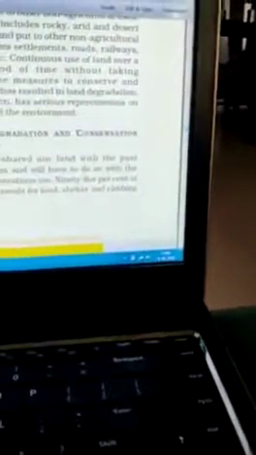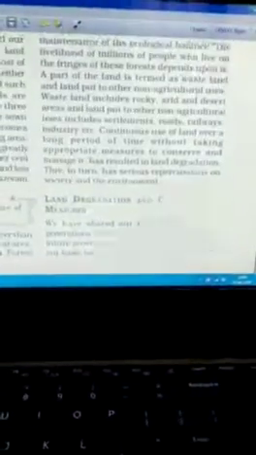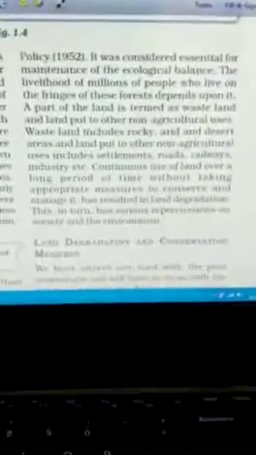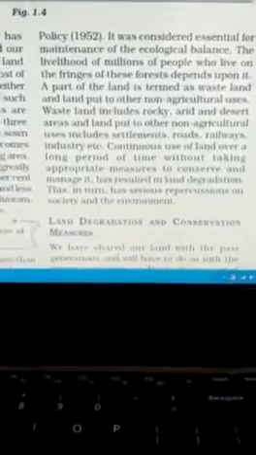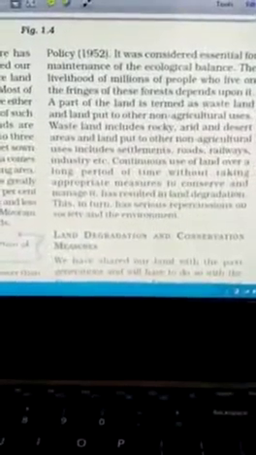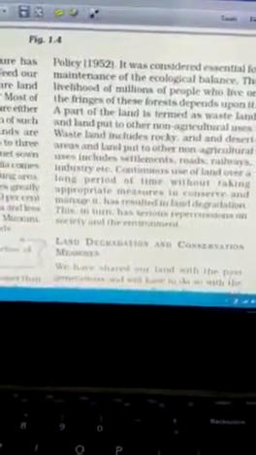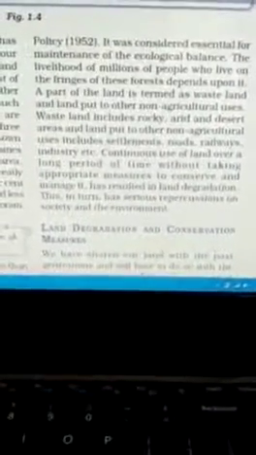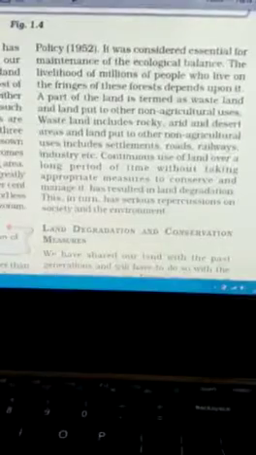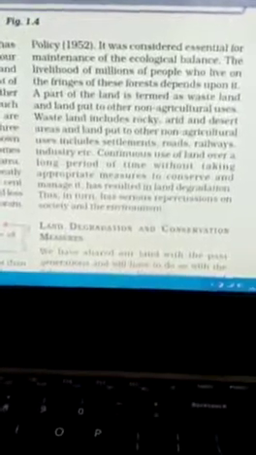Now, what is the effect if the percentage of forest area is low? It was considered essential for maintenance of the ecological balance. Forests are required for the ecological balance, meaning balance between living creatures, because we survive around nature only. The livelihood of millions of people who live on the fringes of these forests depends on them.